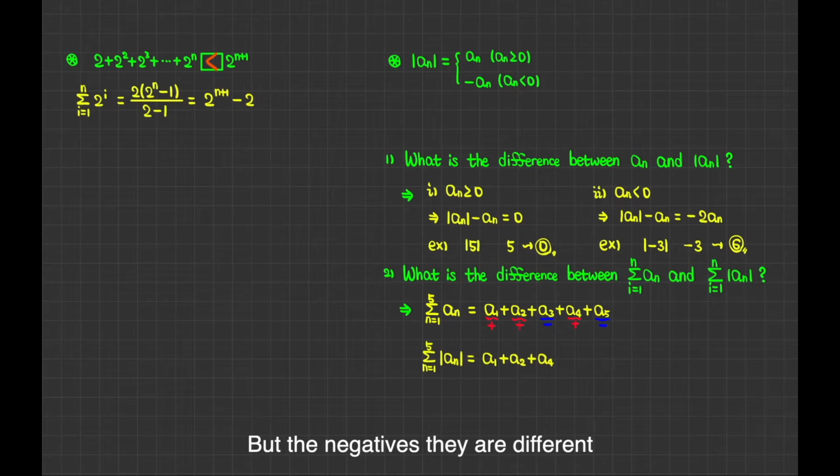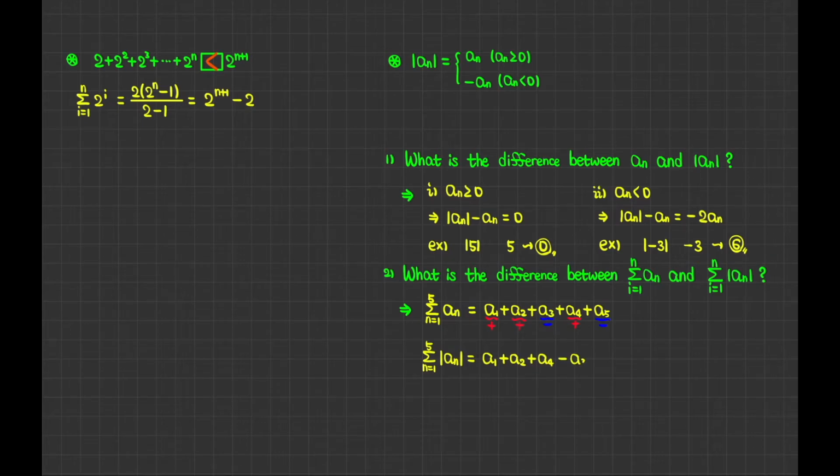But the negatives are different. Since these are negatives, we need to put the minus sign on them. It becomes minus a3 and minus a5, alright? Let me put on the brackets. Let's make this plus, and I'm going to put the brackets on. So basically what I did is I grouped the positives together, like this, and I grouped the negatives together.